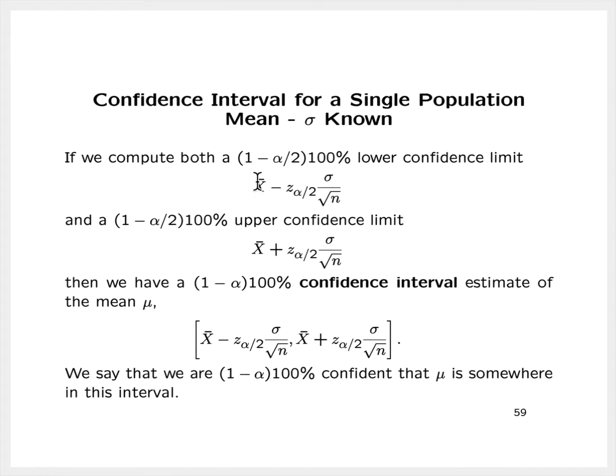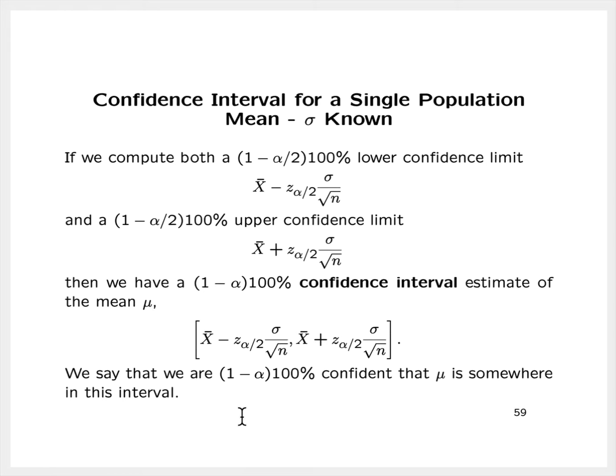Now, if we compute both a 1 minus alpha over 2 times 100% lower confidence limit, given by x bar minus z sub alpha over 2 times the standard error of x bar, along with a 1 minus alpha over 2 times 100% upper confidence limit, given by x bar plus z sub alpha over 2 times the standard error of x bar, then using those two confidence limits together, we have a 1 minus alpha times 100% two-sided confidence interval estimate for the mean mu, given by this interval: from the lower endpoint up to the upper endpoint, including the endpoints.